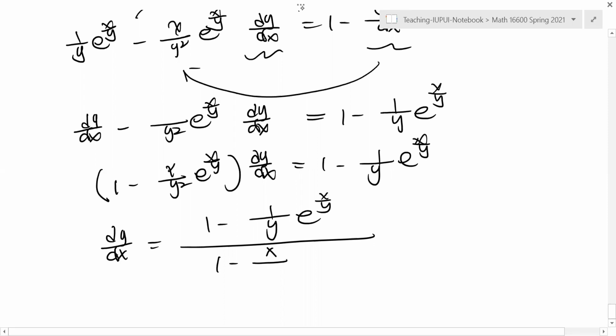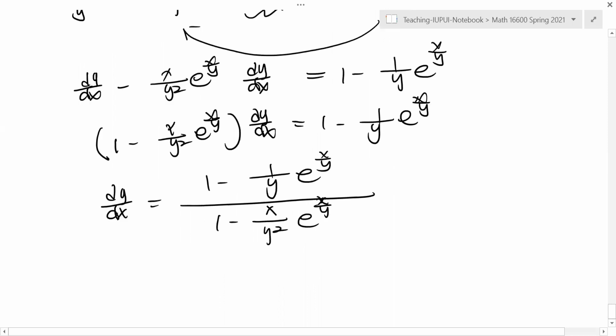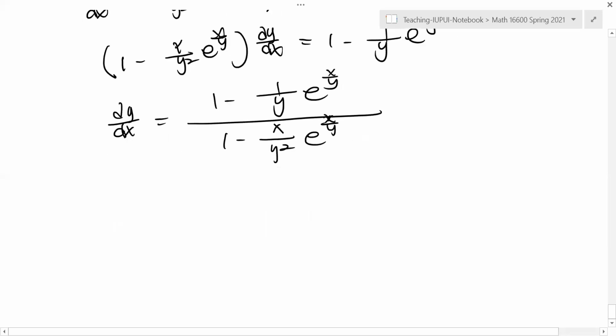That's why it's easy to make mistakes. Okay, so that is the answer. It's pretty complicated, unfortunately. So that's the derivative, but you need to be patient and careful when you work on this problem.